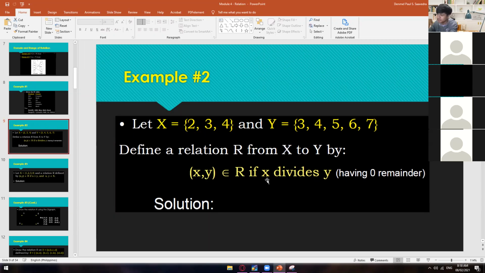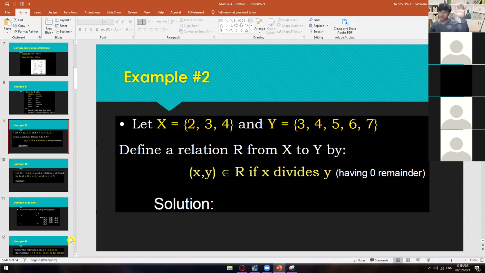Anyone from the class? Is this x divided by y or y divided by x? I think x divided by y. Mm-hmm, x divided by y. How about the others?